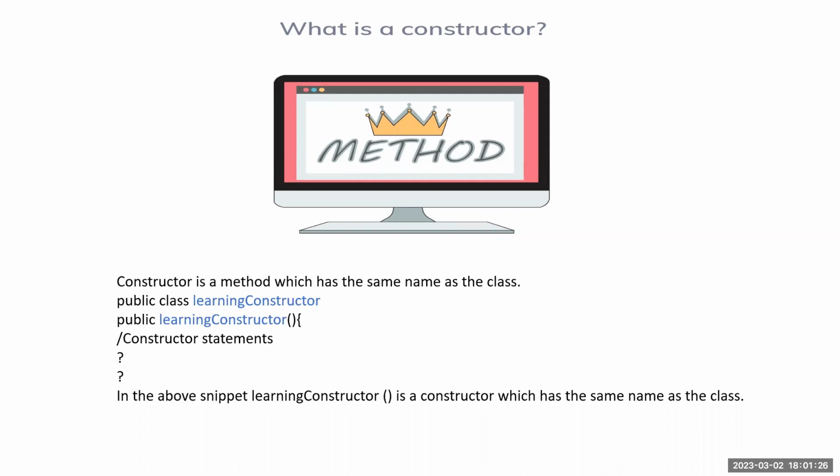If it carries the same name as the class and has no parameters, we call it a default constructor. You can see here a class declared as LearningConstructor, and the public LearningConstructor, declared like a method, with parentheses opened and closed.